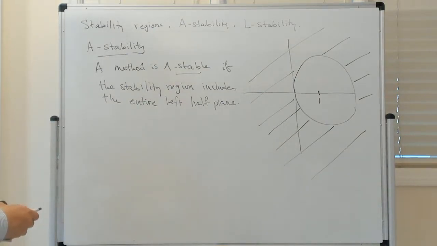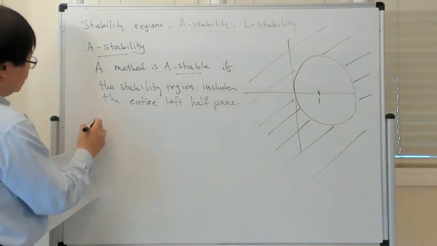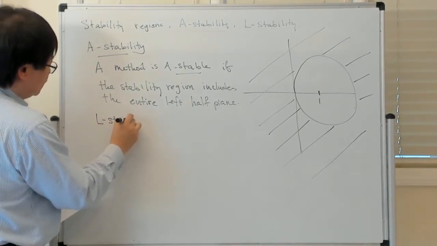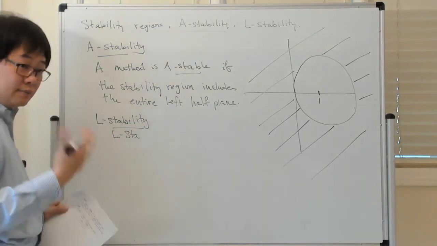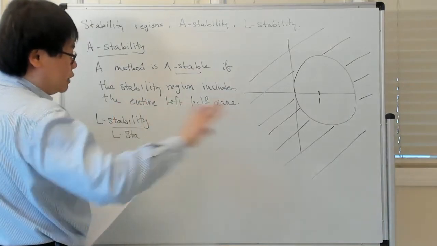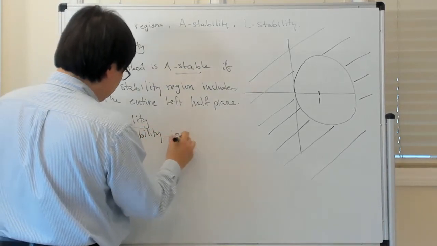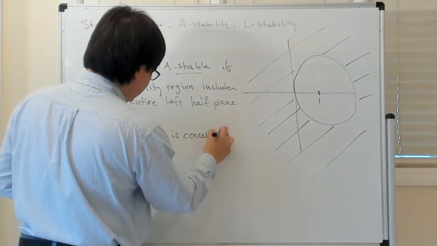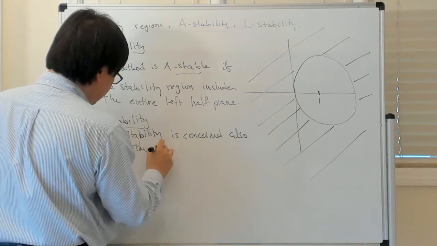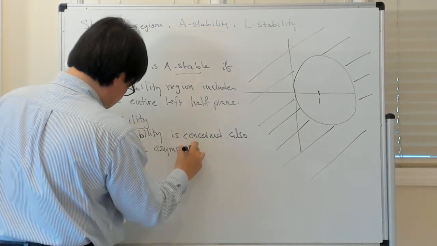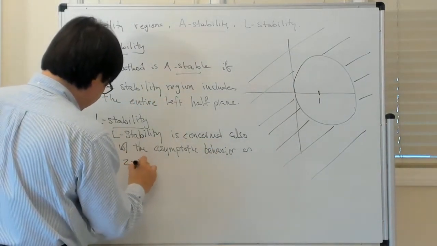Then there is a sharper, more restrictive condition known as L-stability. L-stability is concerned with the asymptotic behavior as z goes to infinity.